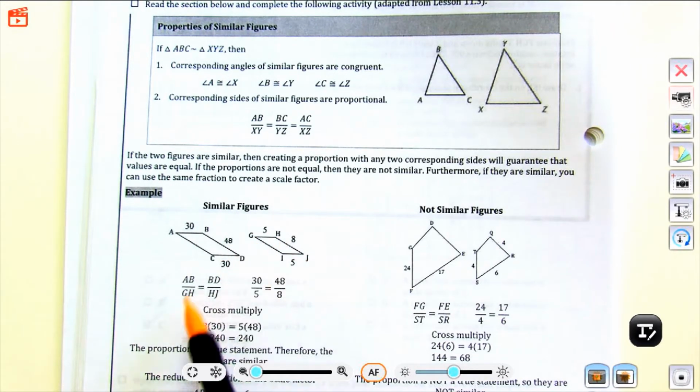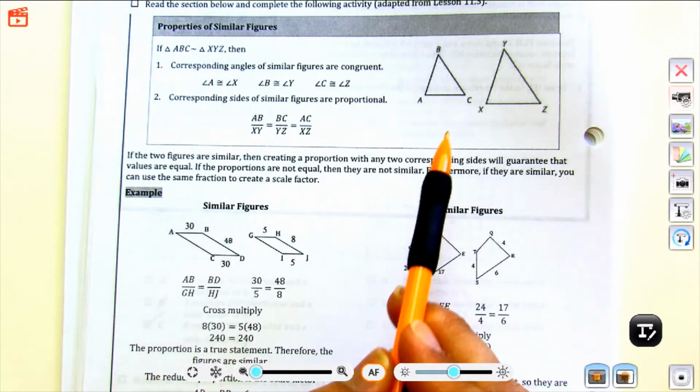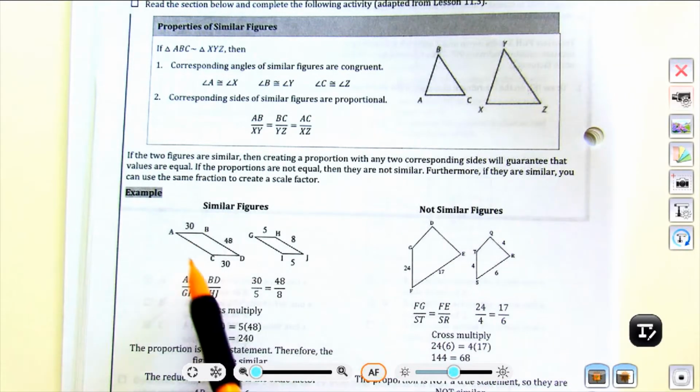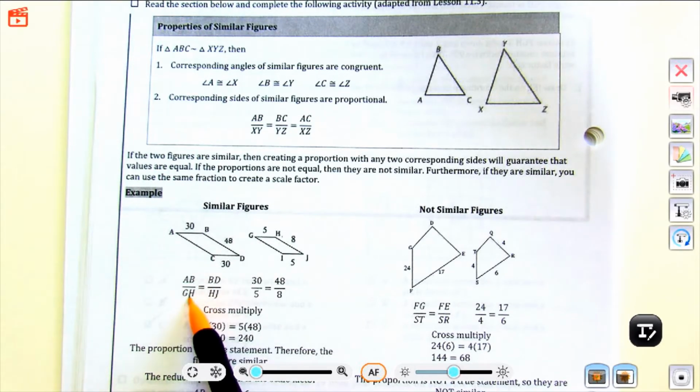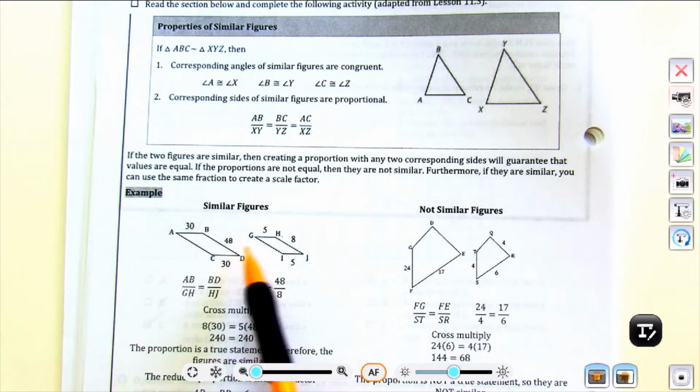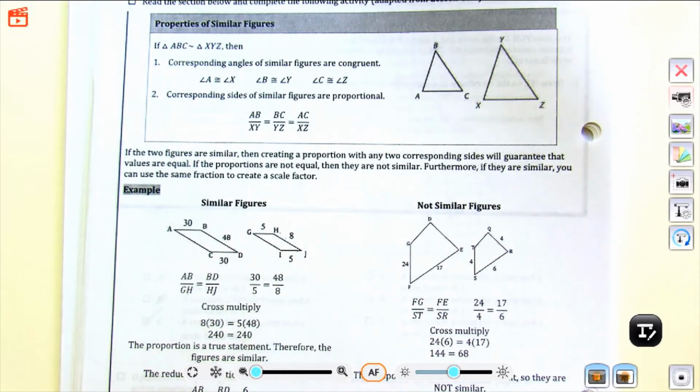So just like in this definition, we could create a proportion. We could say AB over GH is equal to BD over HJ. This side over this side. 30 over 5 is equal to 48 over 8.